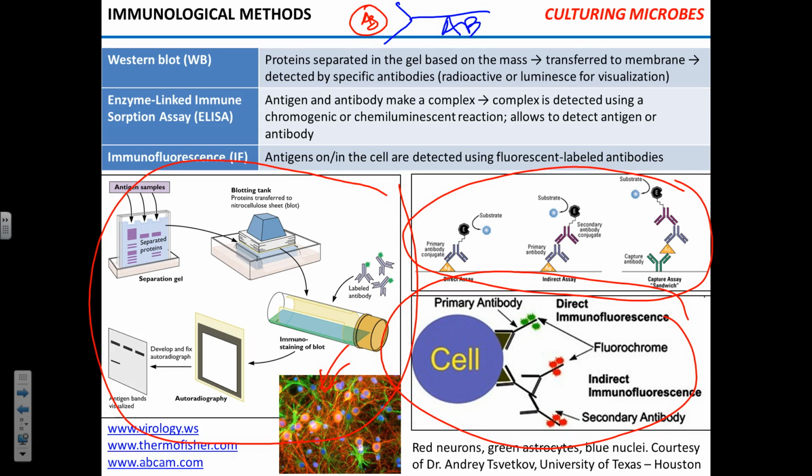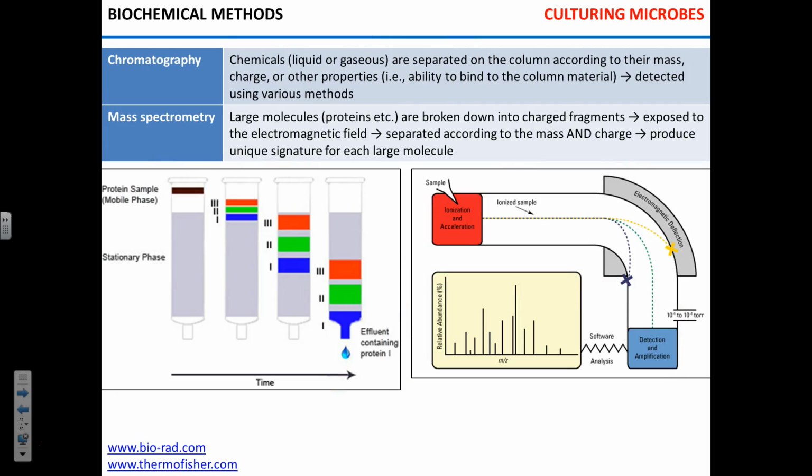So you run the test, you stain, you see. If you have cells that are colored that bind your antibodies, they're probably infected with whatever these antibodies recognize. So immunofluorescence is really a good thing for diagnostic purposes.